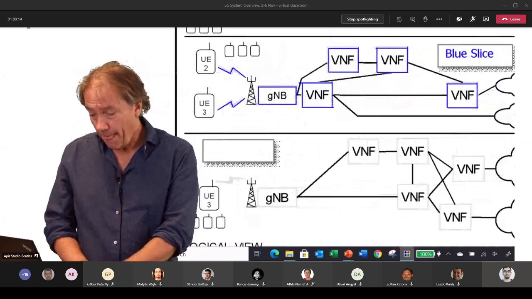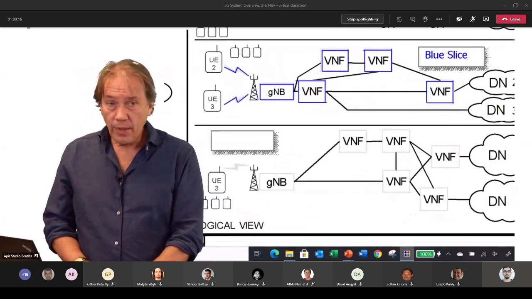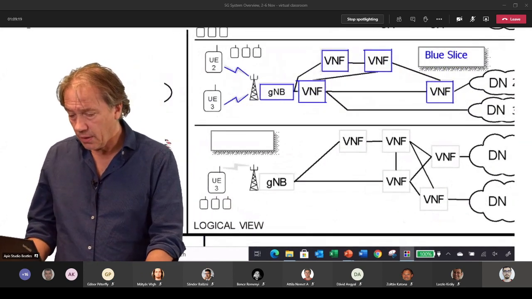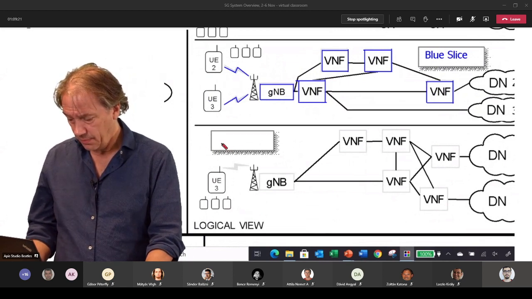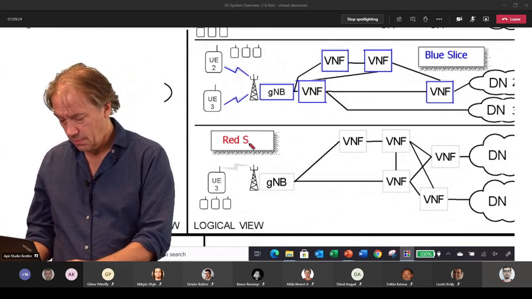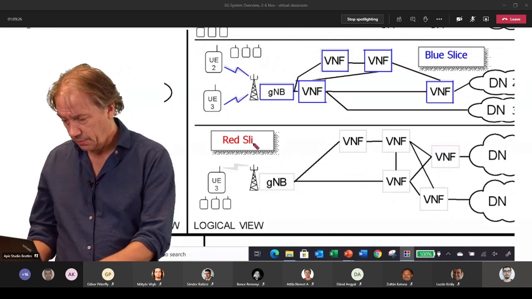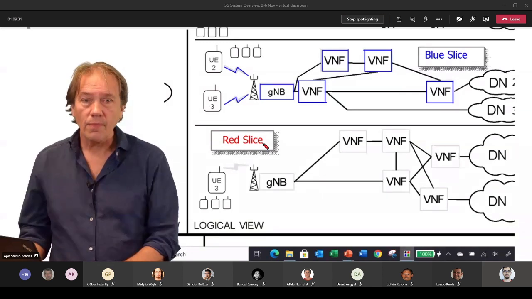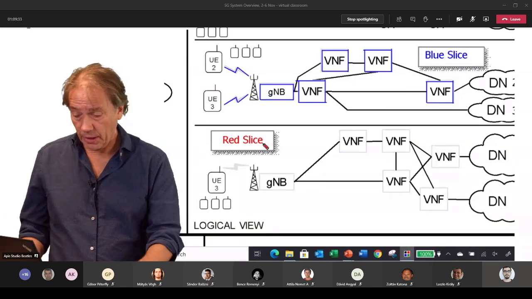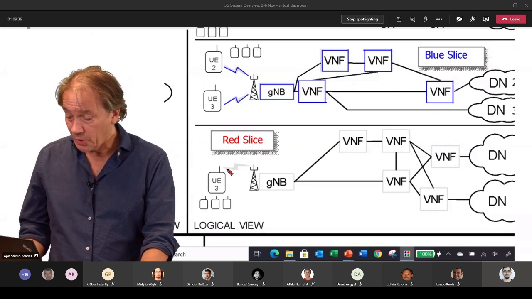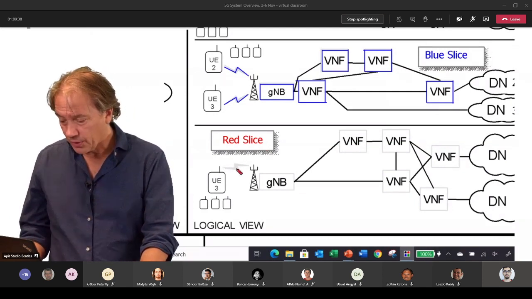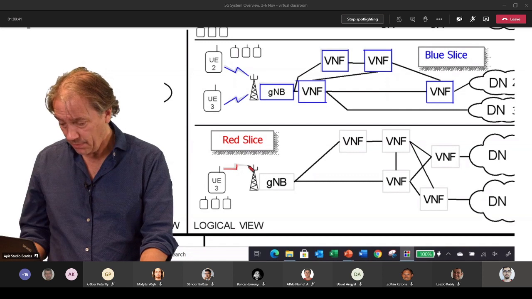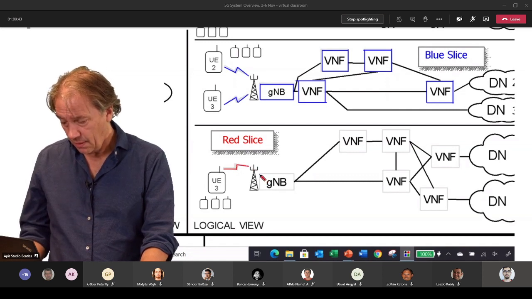So over here we now have a red slice. And you get the point, I'm sure. There are some red radio resources. There is a gNB in the red slice.